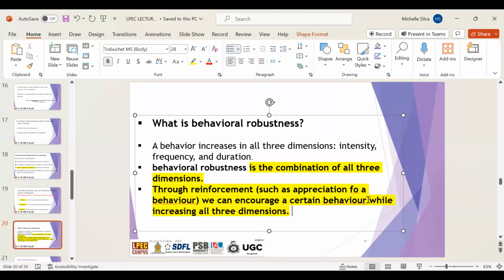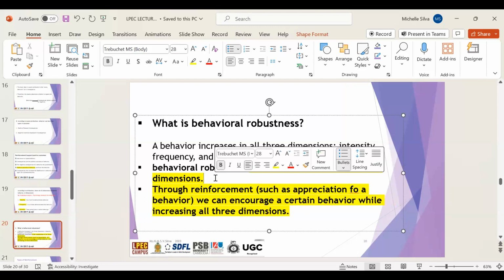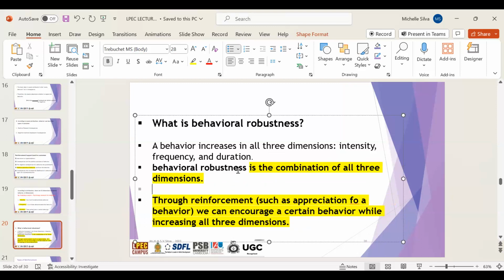It is a must requirement. So behavioral robustness is the combination of all three dimensions.